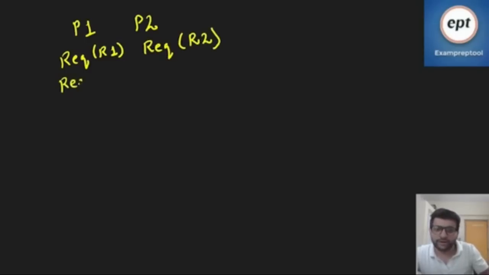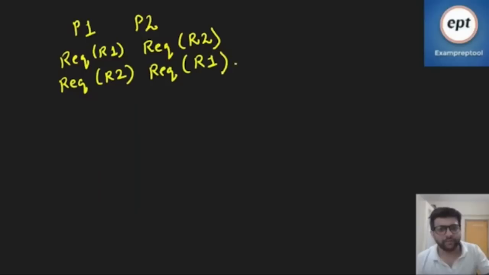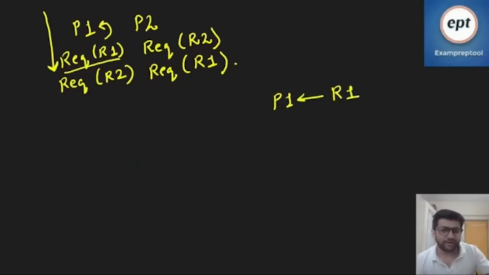Now P1 requests the resource R2 and P2 requests the resource R1. If P1 starts executing and gets preempted after the R1 resource is allocated to P1, P1 has been allocated the R1 resource.